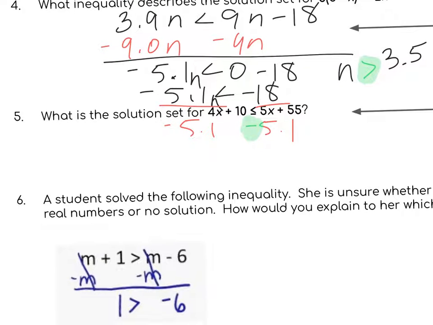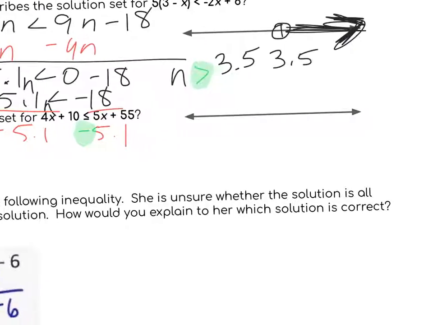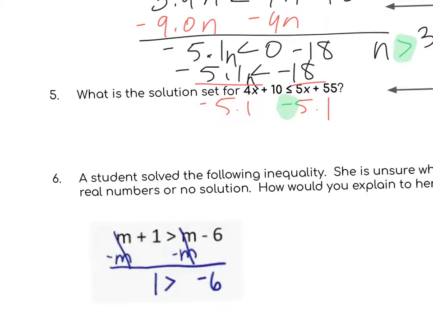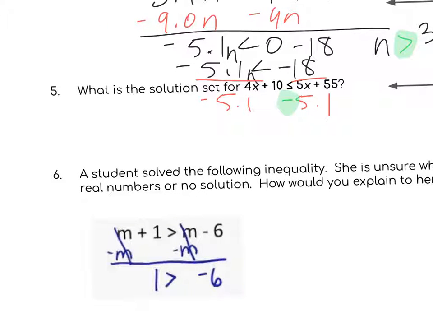All right, number 5. Trying to figure out where I can do this. I guess I'll just do it here. So 4x plus 10 less than or equal to 5x plus 55.